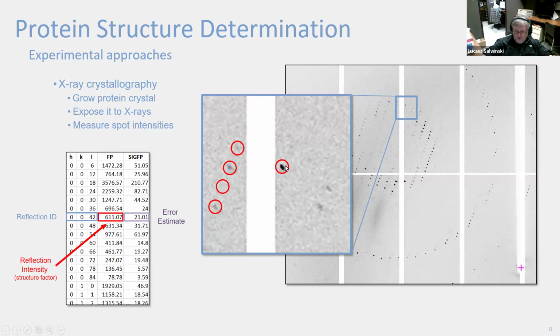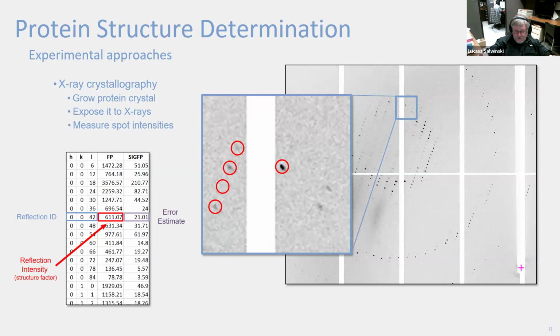Obviously, this one is going to be measured much more accurately. It's much stronger relative to the background, versus intensity of this reflection is much weaker. So the error is going to be much higher. So that's what we can extract from the experimental data.